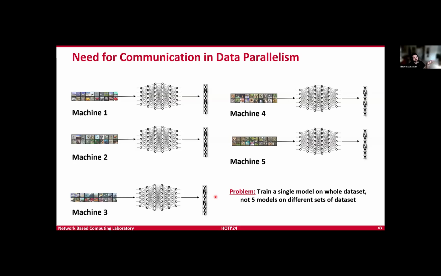The problem here is that if we rely on the output of each single machine independently, we're going to train 5 separate models instead of one model, right? And each model will be an expert on the data it was trained on and not on the entirety of the data set. So that's why we need some sort of communication between these different machines.